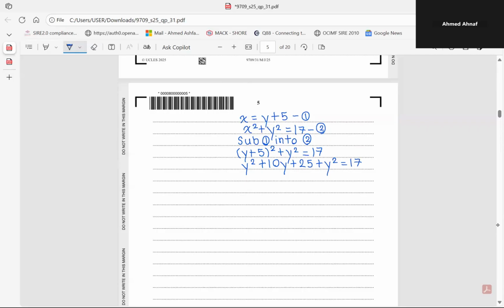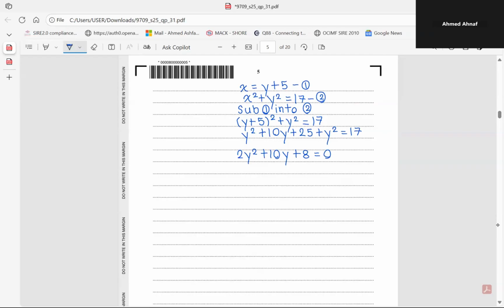Move everything towards the left-hand side. So y squared plus y squared, that's 2y squared, plus 10y, and 25 minus 17, that is 8, equals 0. Since all of the coefficients can be divided by 2, we'll divide both sides by 2.